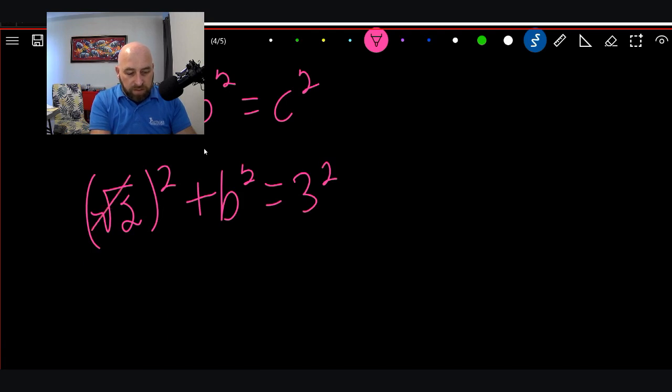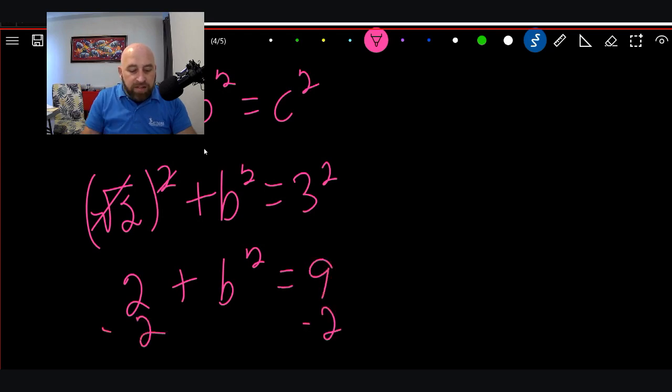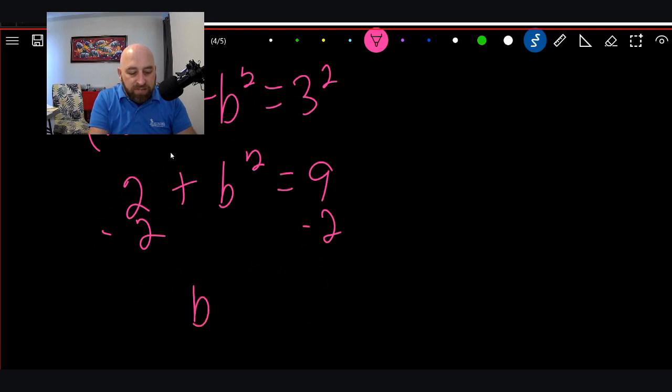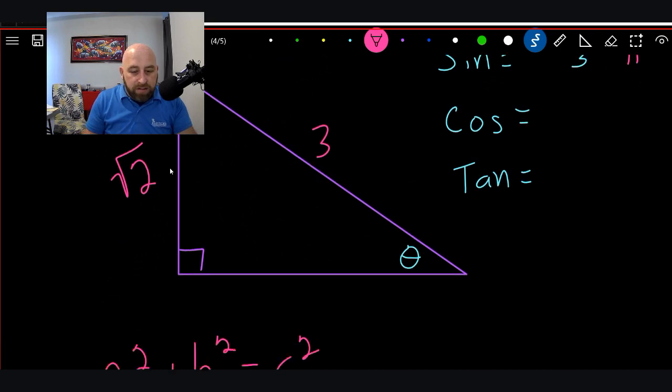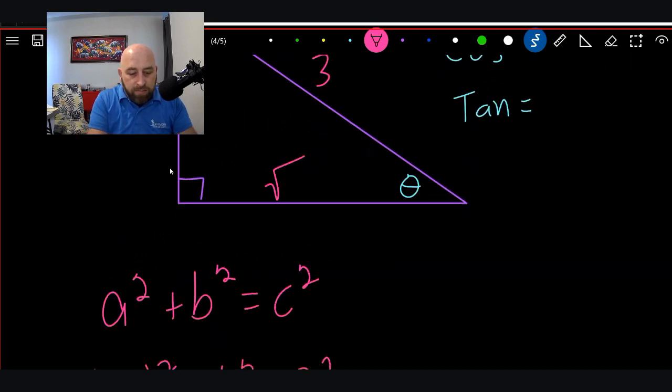Well, this one's interesting because that just cancels and we get 2 plus b squared equals 9. We're going to subtract 2 from both sides, and we're going to get b squared equals 7. And so square root each of those, and we're going to get b equals the square root of 7. So that side is going to be the square root of 7.